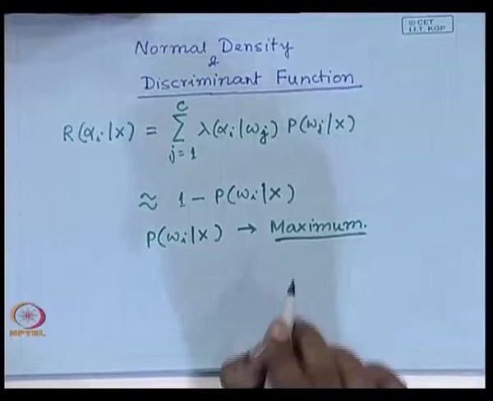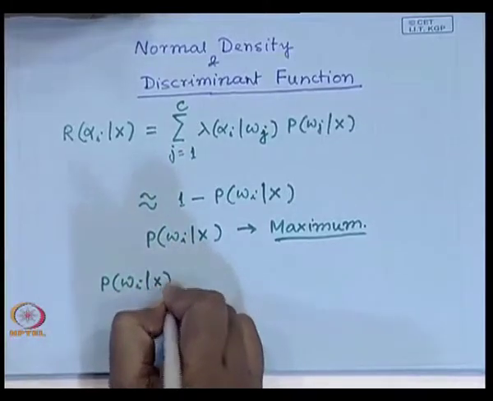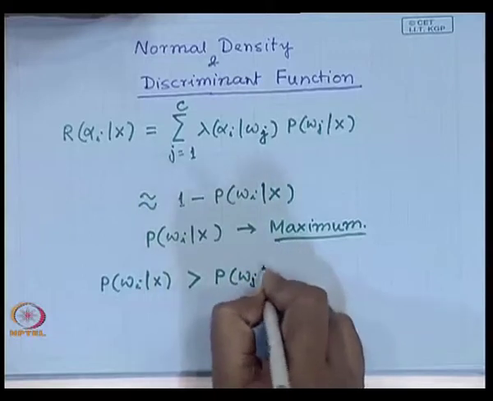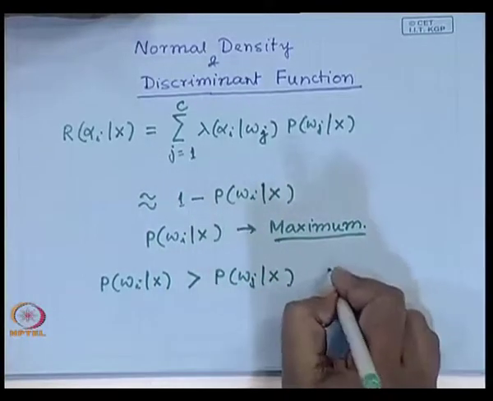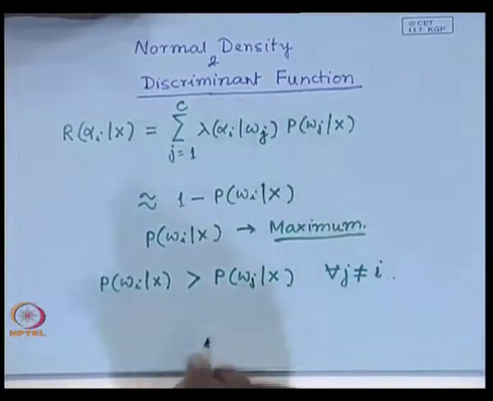So, this is nothing but the basic classification rule that we discussed when I started talking about Bayes decision theory, that if p of omega I given x is greater than p of omega j given x for all j not equal to I. Okay.